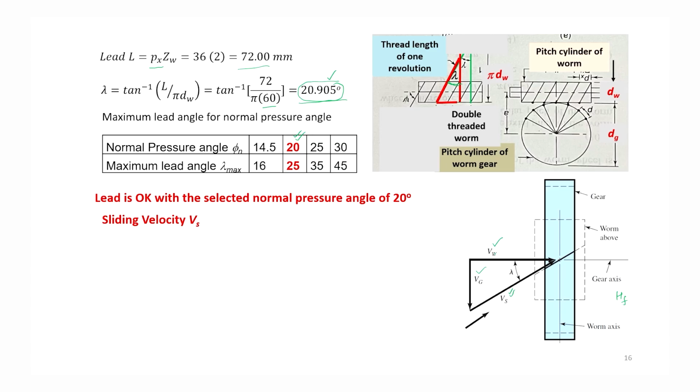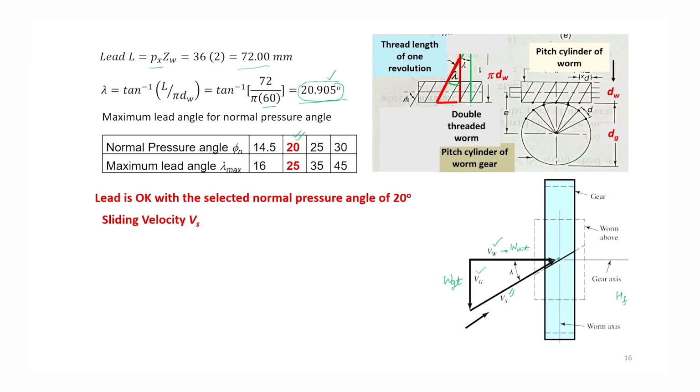The pitch line velocity of the worm will act at the pitch point in the direction of transmitted load on the worm, WWT, and the pitch line velocity of the gear will act in the direction of WGT, tangential load on the gear, and this Vs will act tangent to the thread of the worm.